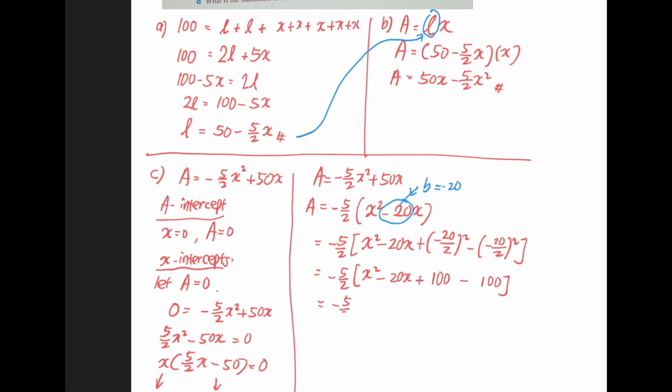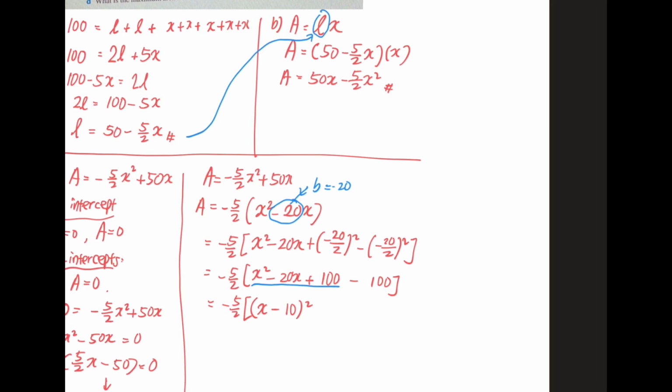Inside the bracket with negative 5 over 2 outside, for the first three terms we need to factorize them. To factorize, we get x minus 10 squared. If you are wondering how I factorize, you can see at the side here, x times x gives x squared. You think of two same numbers that multiply to get 100 and when you add them up you get negative 20.